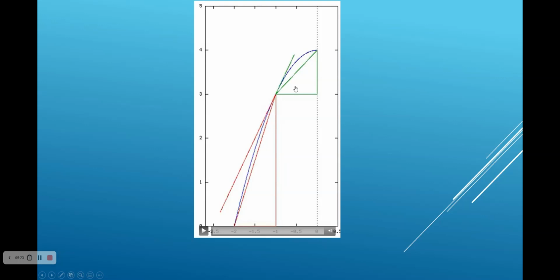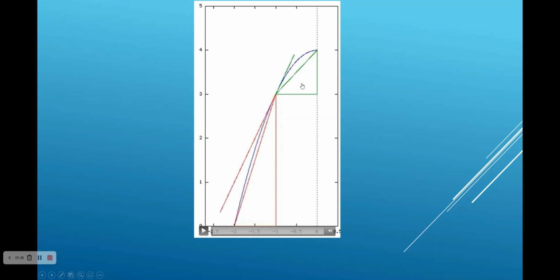That's my claim here in these pictures. And I've also drawn this so that the actual value of the slope of the hypotenuse of the right triangle is reflected in the length of the green portion of the tangent line.